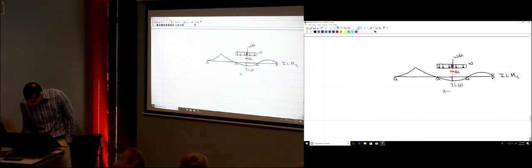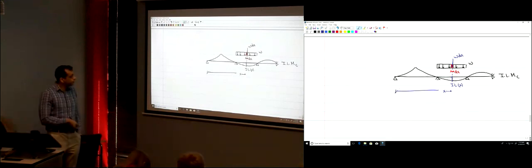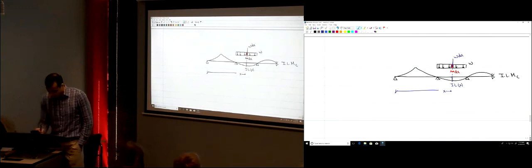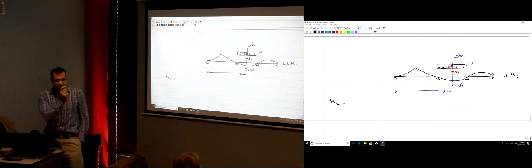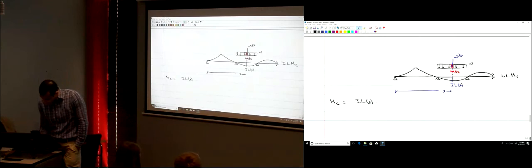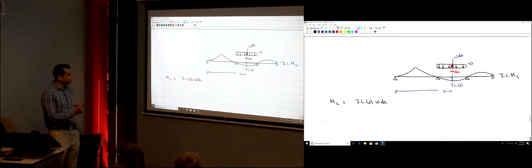If this is x, the distance x measured from some reference point, then MC for this very, very small part of the load is the influence line multiplied by the load, W dx. This is the MC due to a very small load over this dx.